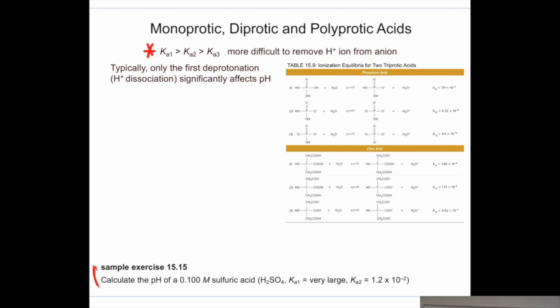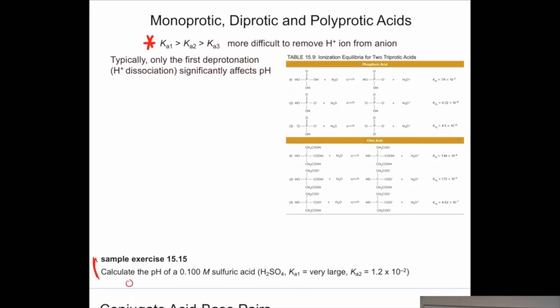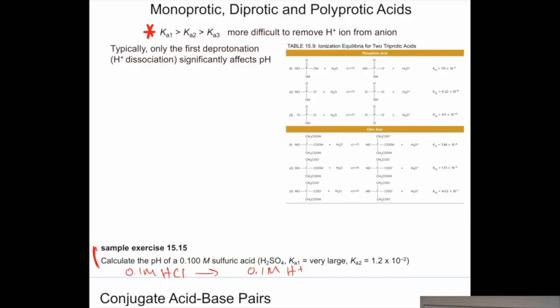Just like we did in previous lectures where we did the pH of 0.1 molar HCl, and we know how to do that because HCl is a strong acid. So we know that this goes 100%, and so it's going to be 0.1 molar H+, and we can calculate the pH of that. And then I showed you a problem where we can do that for a weak acid. We did 0.1 molar acetic acid.